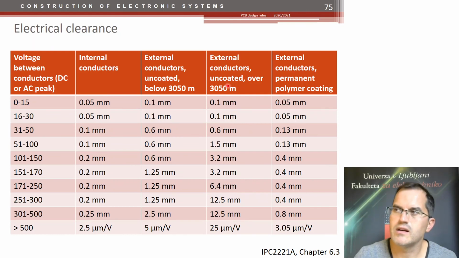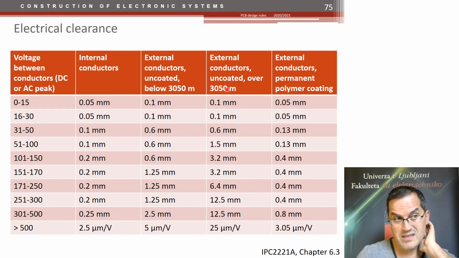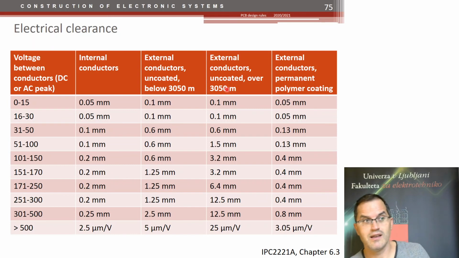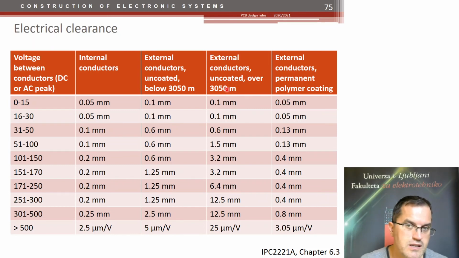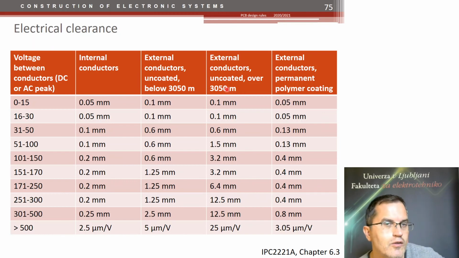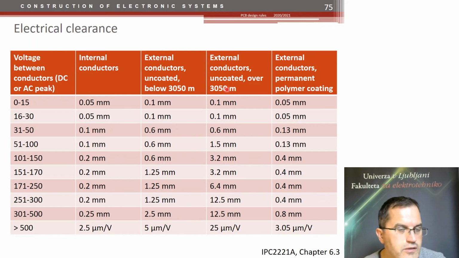Okay, why 3000 meters? Well, because that's quite easy then to distinguish between the electronics that goes into space and avionics and electronics which works on Earth. Above 3000 meters, not a lot of people live with electronics.